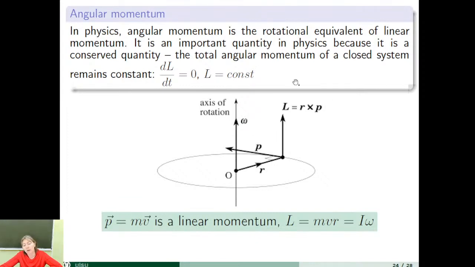And look at this picture. Now we know the direction of angular velocity.